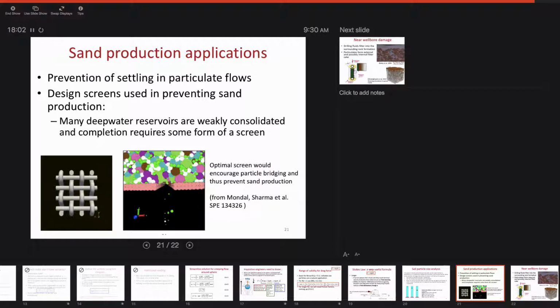And then you let them interact. So that's how you get the movement of the individual particles inside the fluid. And that's important because they can often do what's called bridging. Okay. So even though each of these particles is individually smaller than the opening on the sand screen, they're going to form a bridge and not flow through.